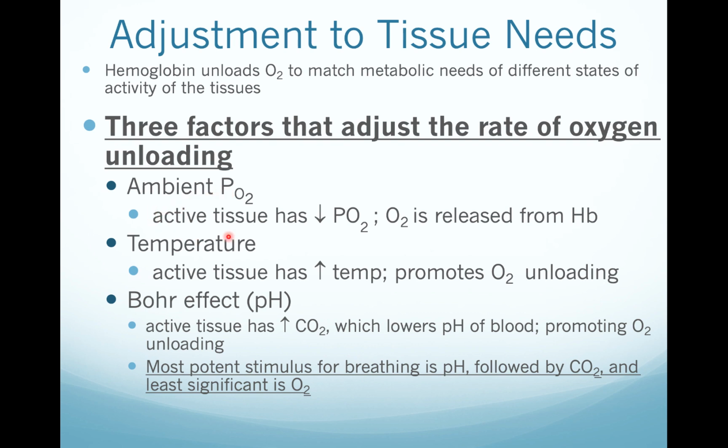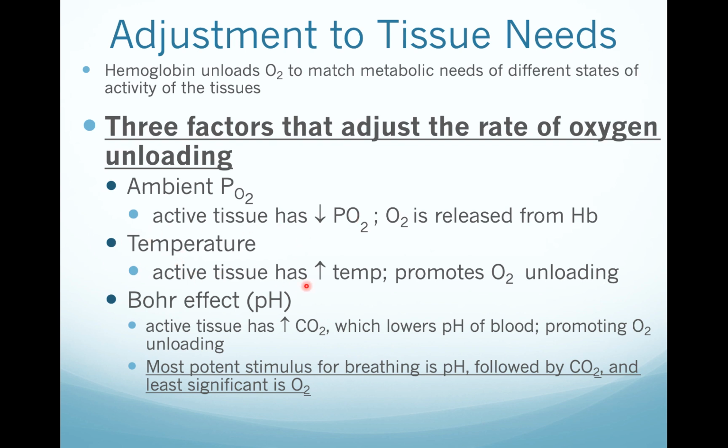So if you have very low oxygen in your tissues, that means your tissues are deficient in oxygen and they really want the oxygen. If your tissues really want oxygen, no problem, my friends. Hemoglobin will release the oxygen to go into the tissue and supply that tissue with oxygen so it can do whatever type of metabolism it needs to do.